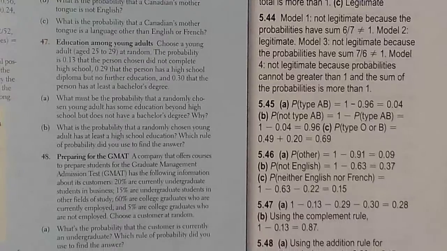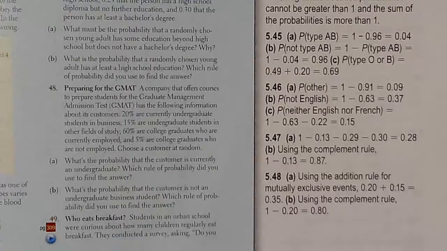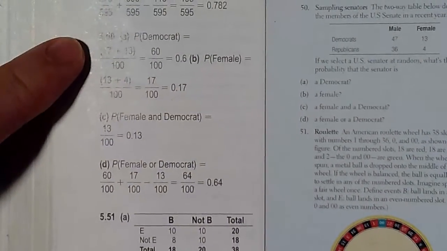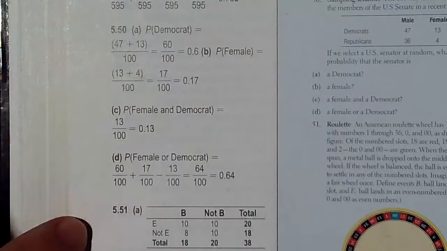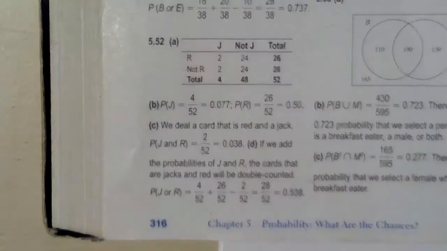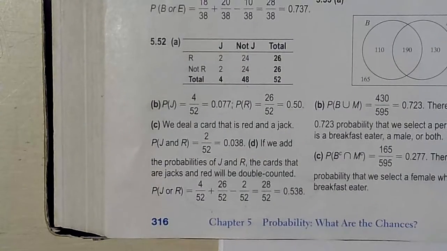And 46. 48. 50. Sorry, a little bit of a glare, but it's right here. And then 52. Okay, fix what you need to so you get it right for the quiz.